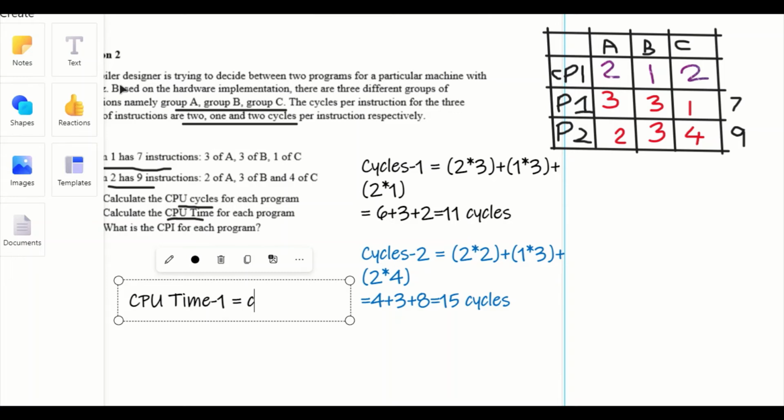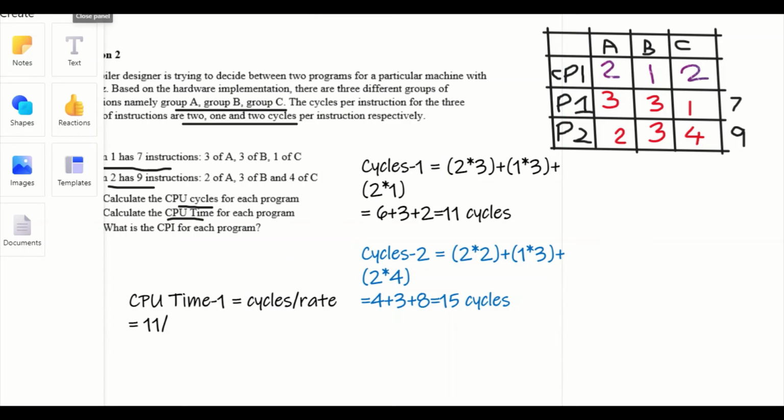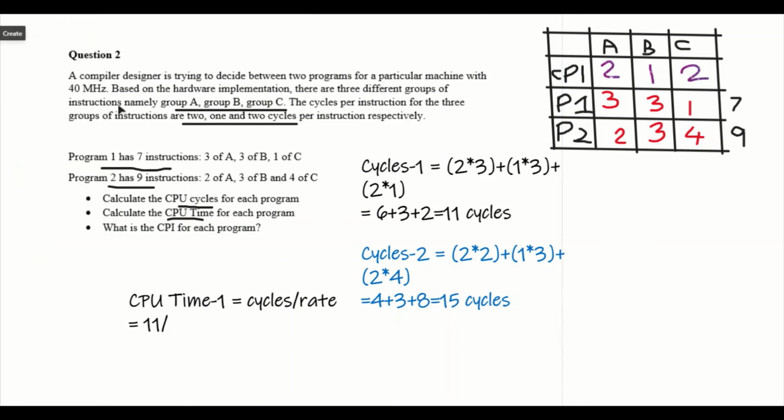This is the formula. What are the cycles? 11 cycles. The clock rate is what? The question gave 40 megahertz. Mega means what?